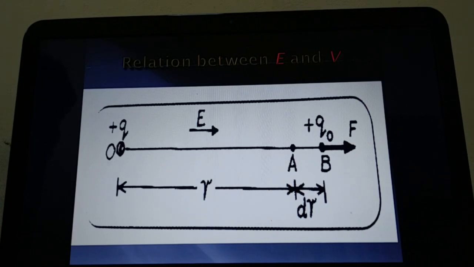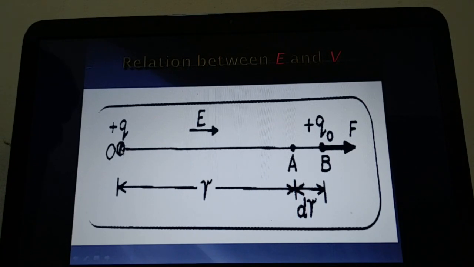And if you are placing plus q0 at B, obviously it will experience a force. That force is given by this F, and it is acting away from source charge plus q.